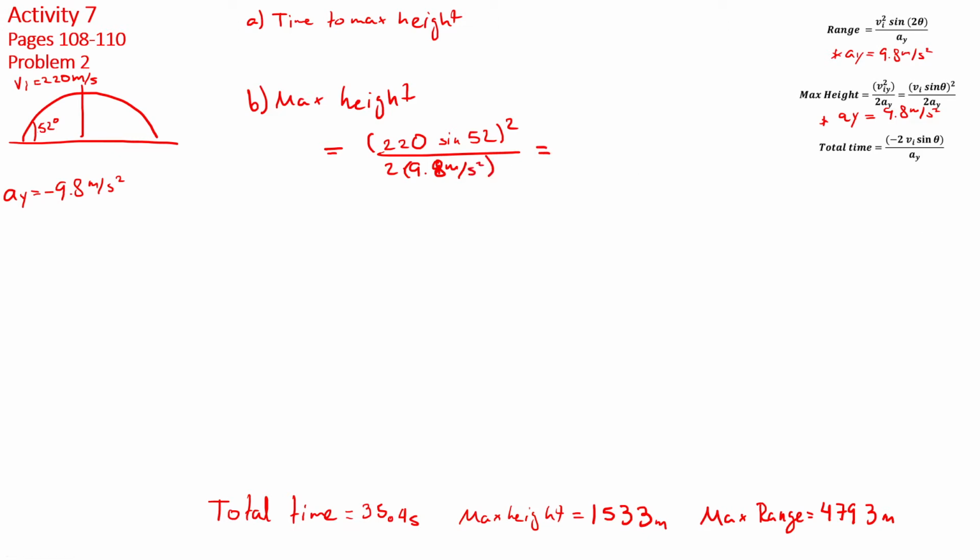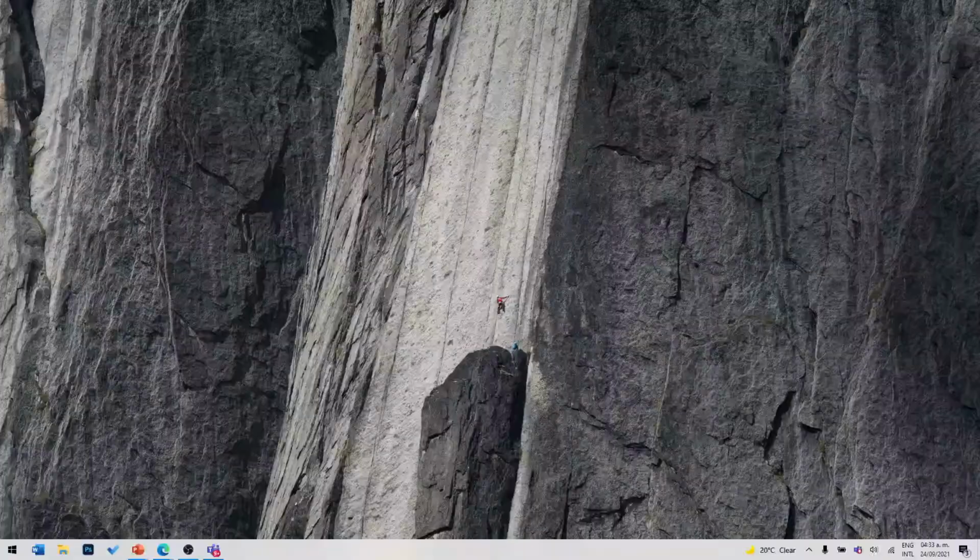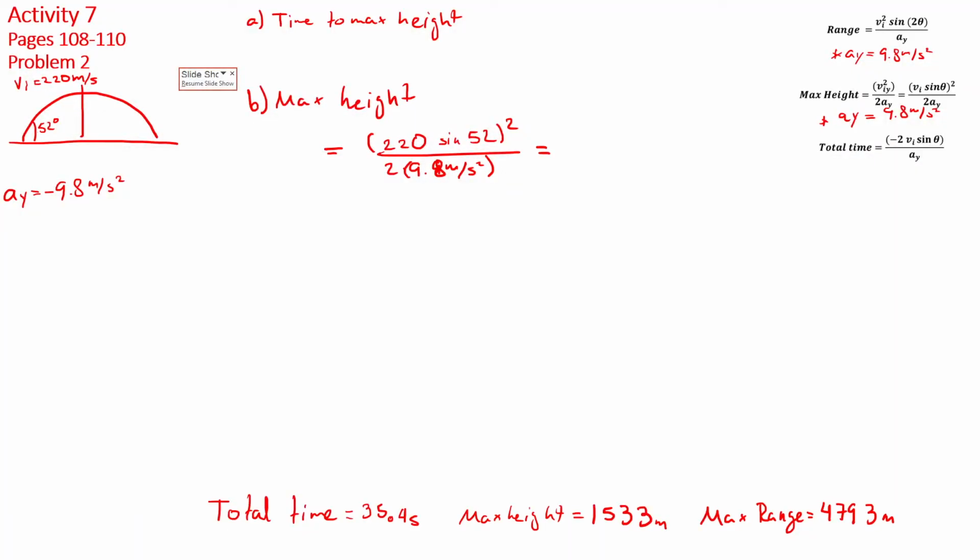Here we will use gravity as a positive number, because if you use it as a negative, the maximum height will be a negative number. Try to solve this and see if you have the same answer as with the previous procedures.